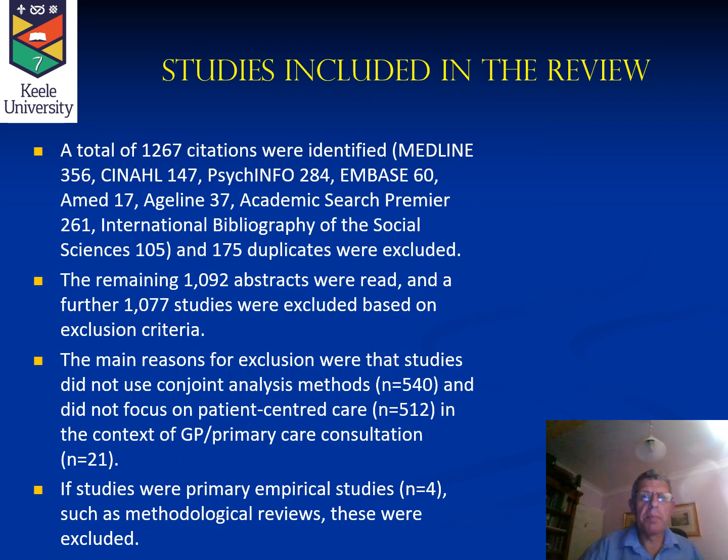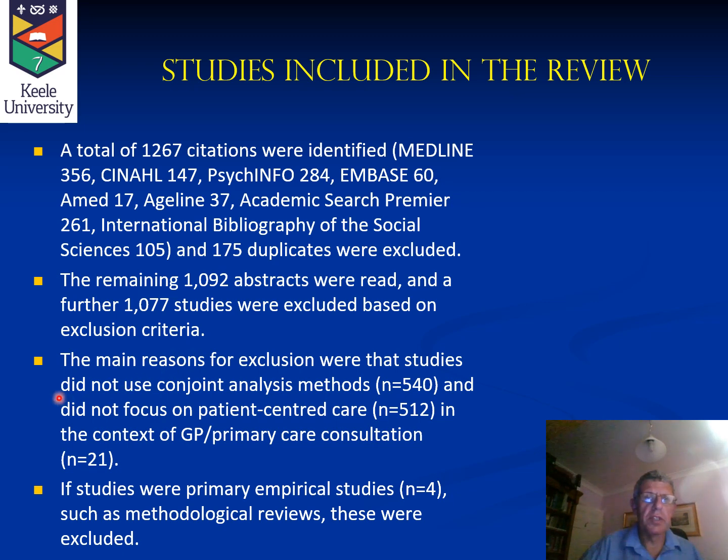So using the PICO format and turning it into a search strategy, these are the results of the study. A total of 1,267 citations were identified from these different databases that you can see. Duplicates were excluded, 1,000 abstracts were read, and a further 1,077 studies were excluded based on the exclusion criteria.